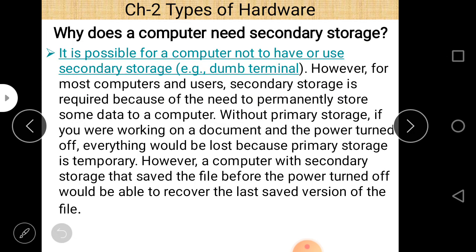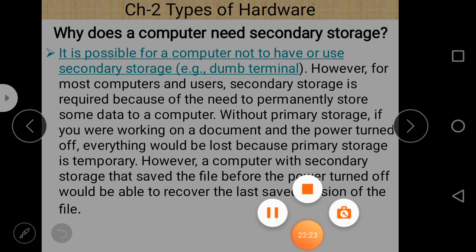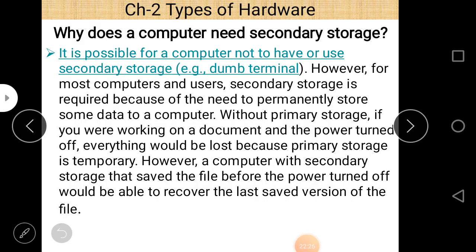So why does the computer need secondary storage? That is a very important question. It is possible for a computer not to use secondary storage, such as a dumb terminal. However, for most computer uses, secondary storage is required because of the need to permanently store some data in a computer.